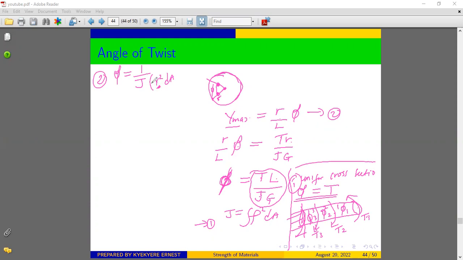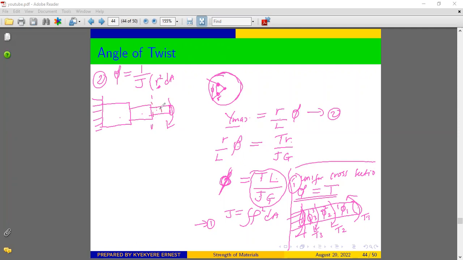It also means that anytime I have a circular shaft which does not have a uniform cross section, where the diameter is changing at every point, then if a torque is applied at this side, because we have different radii or different diameters, I need to divide my structure into sections.